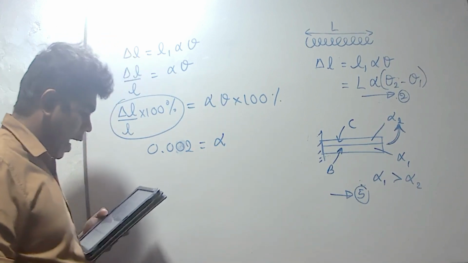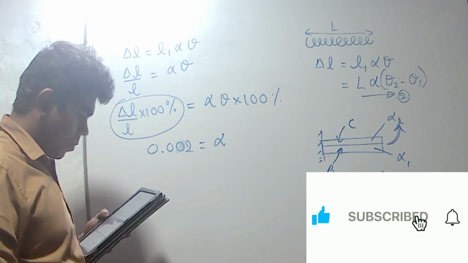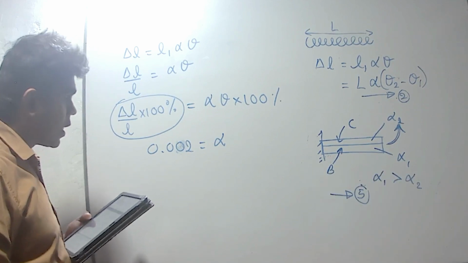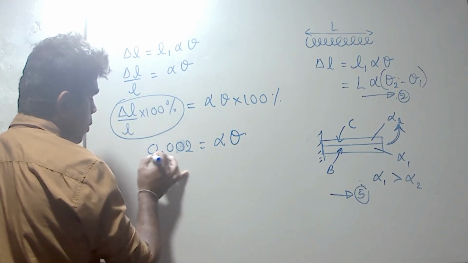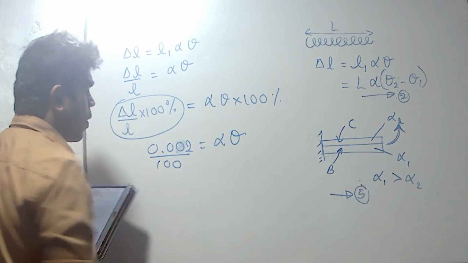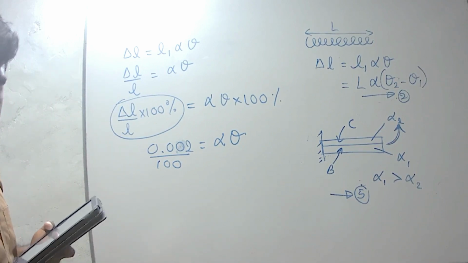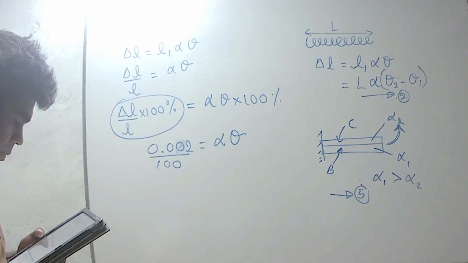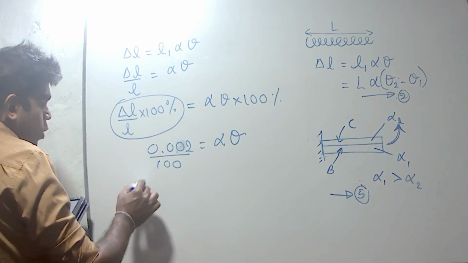Then we can find the alpha value. They have not given the temperature increase, so I will get the alpha theta product. It should be equal to 0.002 divided by 100. Then I will use it to find the increase of length of the hole.